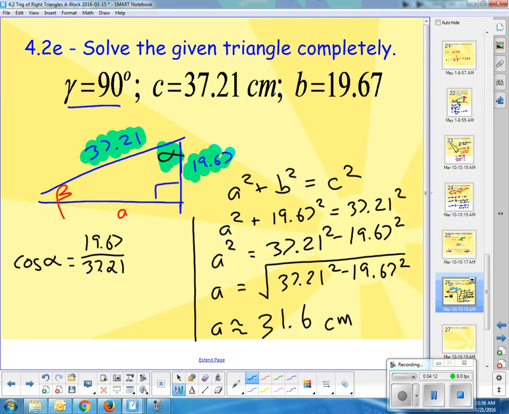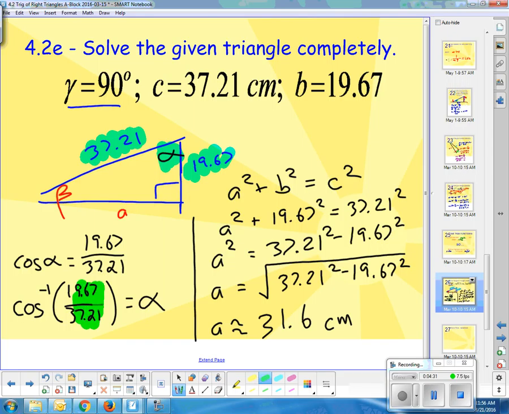And now is where the inverse trig function would come into play, that I can rewrite this as the inverse cosine of 19.67 over 37.21 equals alpha. And so what I have here is that inverse trig function where my input is a ratio and my output is going to be an angle.